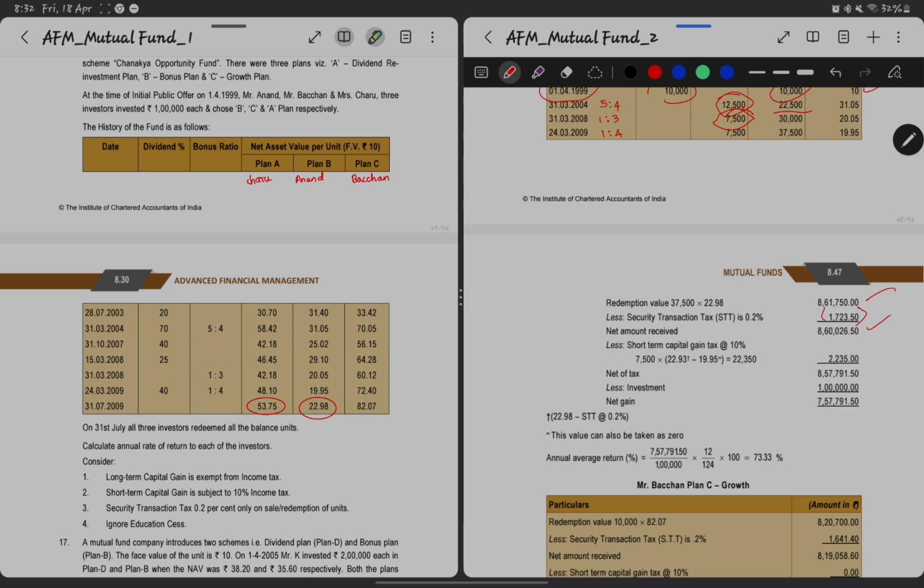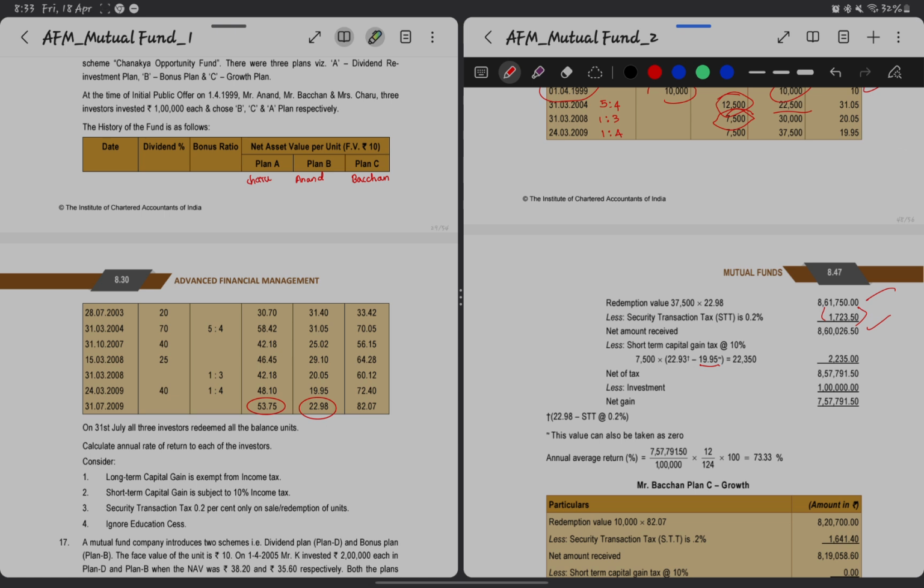Even here also the other assumption is they are telling this 19.95 value can be taken as 0. This is because bonus shares will not have any cost of acquisition. So whatever money has been received, whatever units we got, everything will be free of cost.